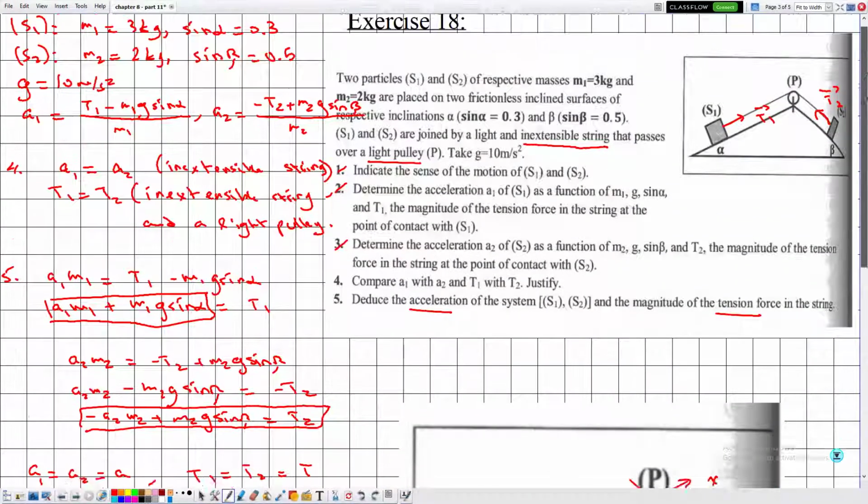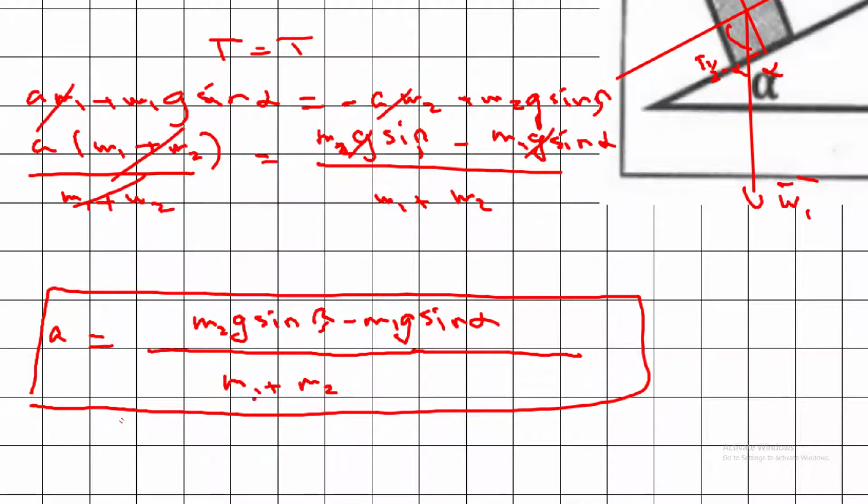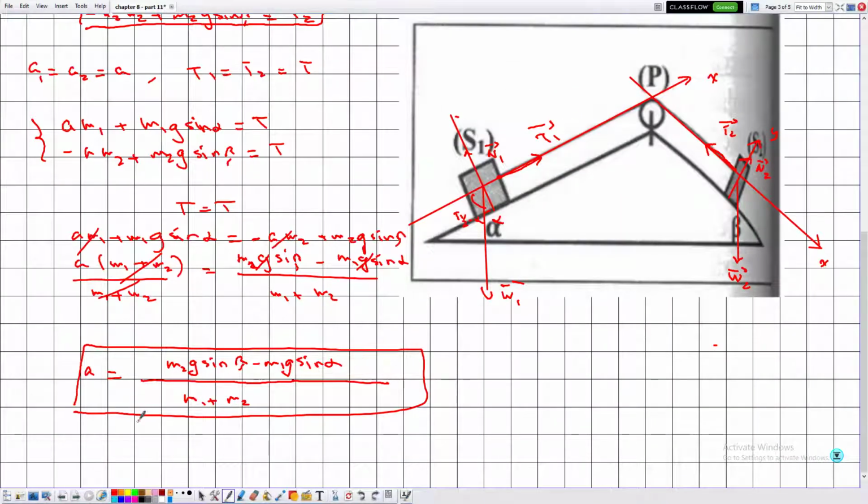So notice that previously in chapter 7 we have discussed why usually we get such type of expressions. The acceleration in such type of exercises is always divided by the total mass, because acceleration is given by force divided by mass.